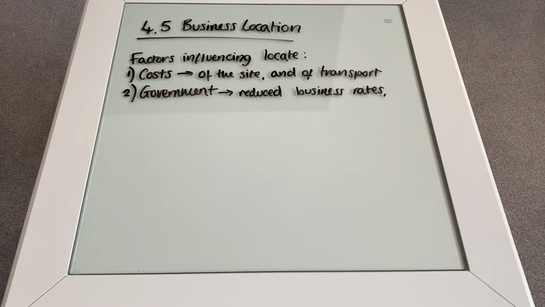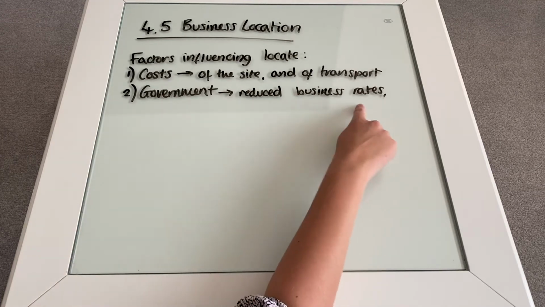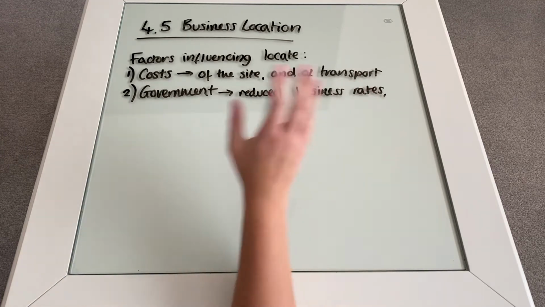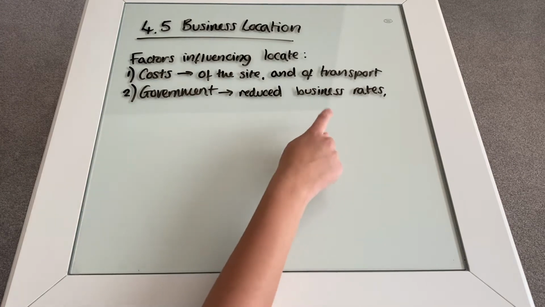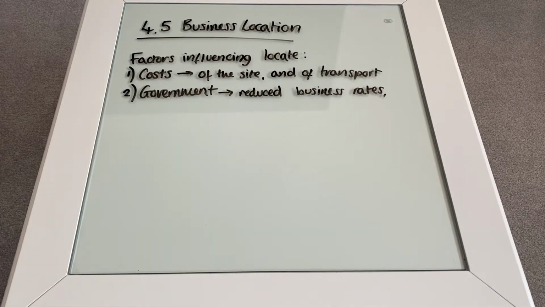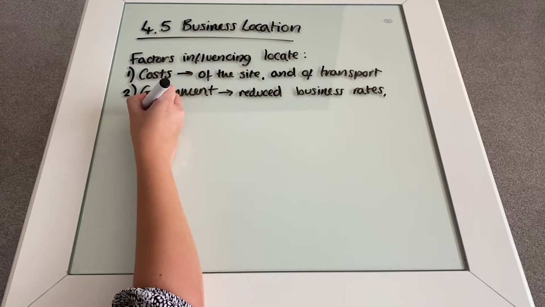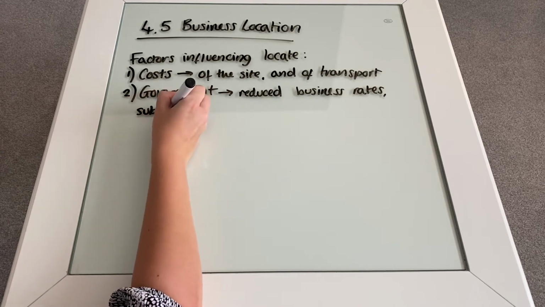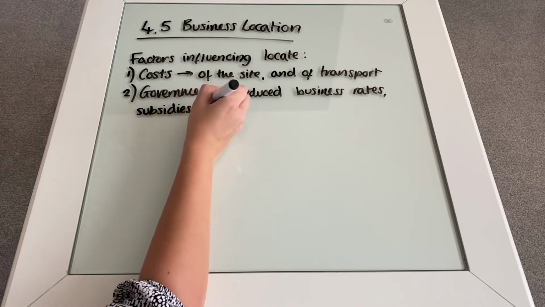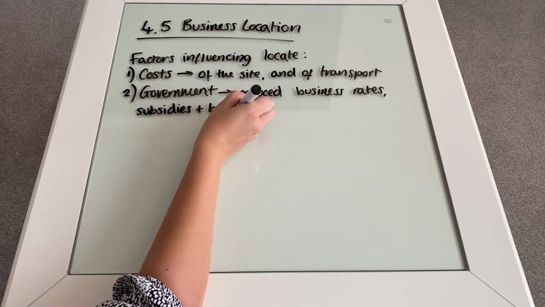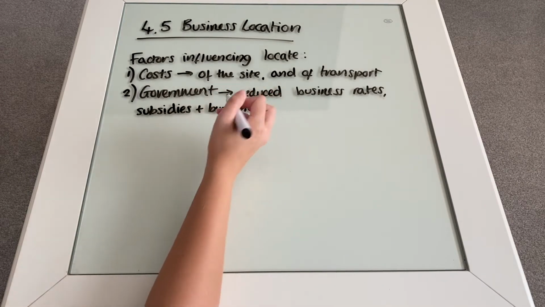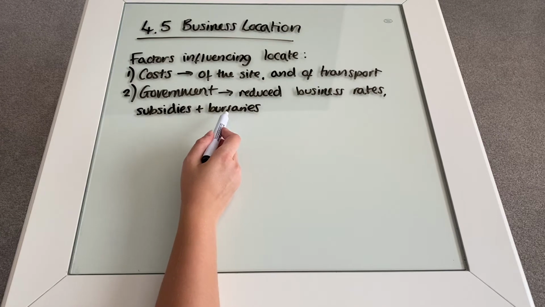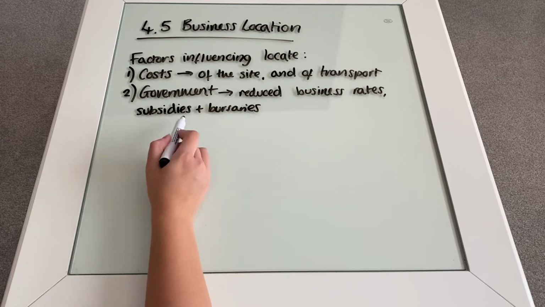If an area is particularly deprived or particularly struggling, the government and the council will drop the business rates in that area to encourage people to come in, and that's an opportunity for businesses. They can take advantage of that. It might be that there are subsidies and bursaries to work in particular locations. That's basically either free money or discounted costs, help towards some of your costs.